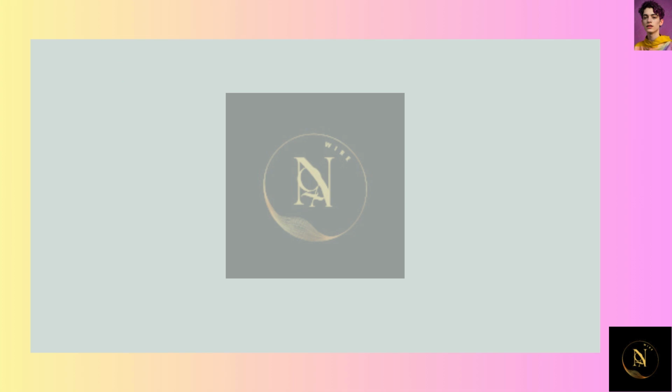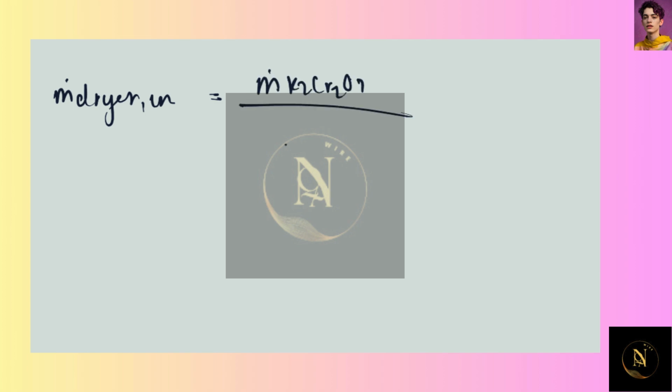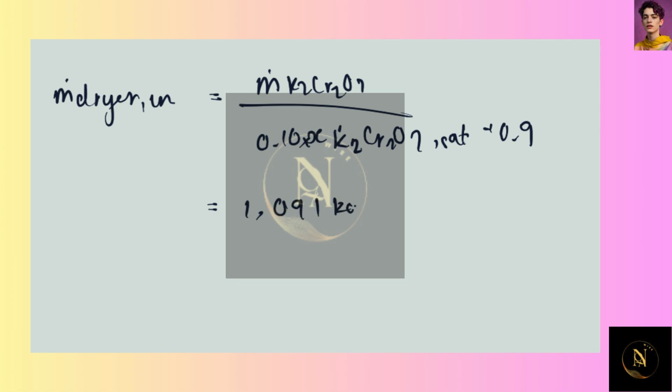So we have M dryer in is equal to M dot K2Cr2O7, divide that by 0.10 X multiplied by X K2Cr2O7 saturated at 0.9. We get a value of 1,091 kilograms per hour.